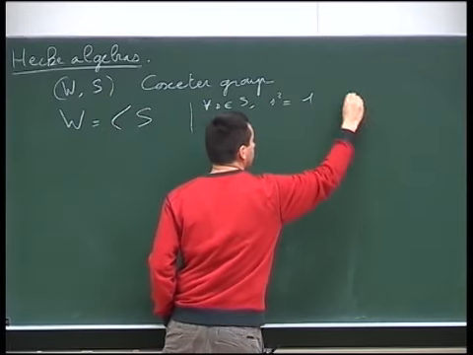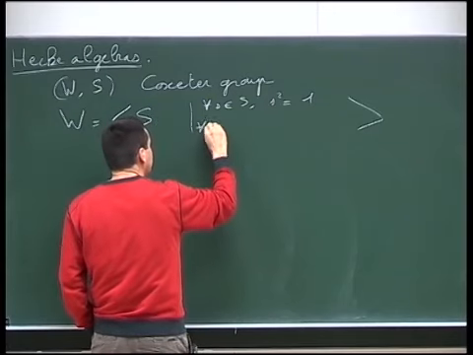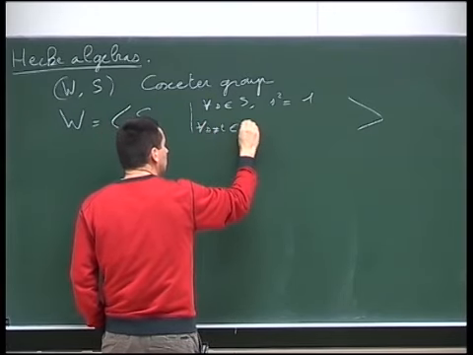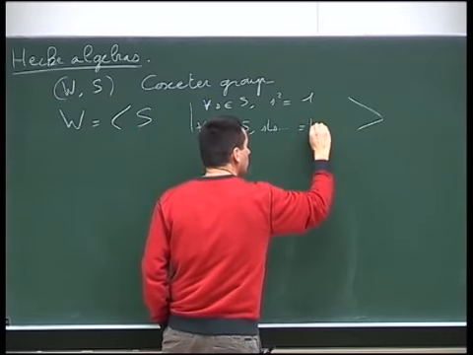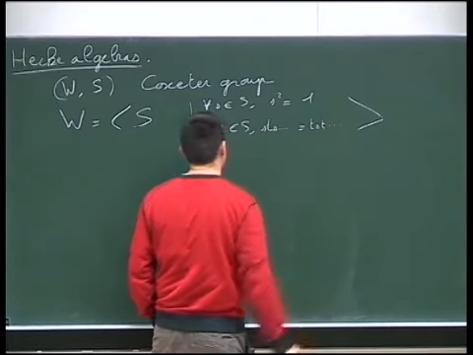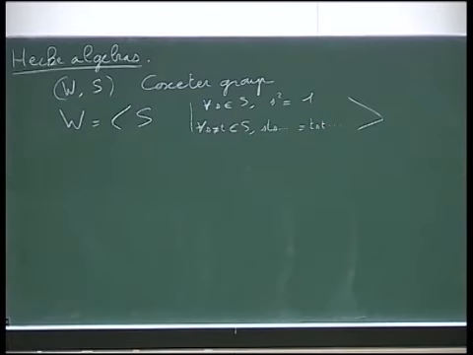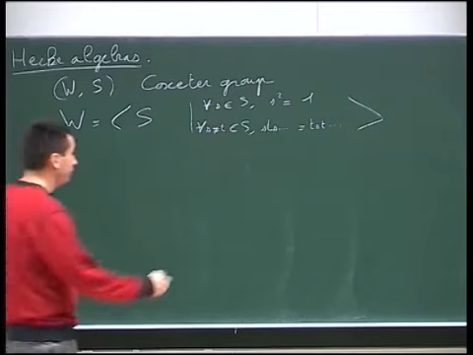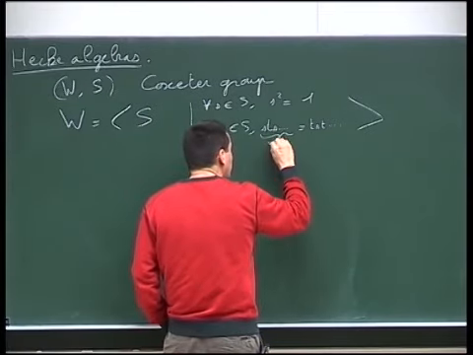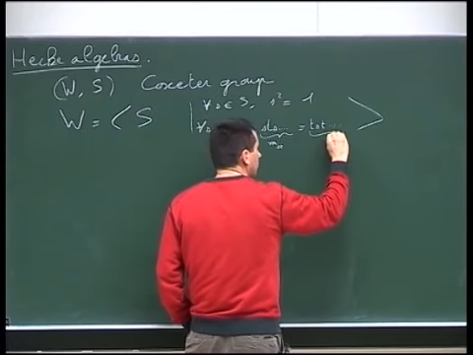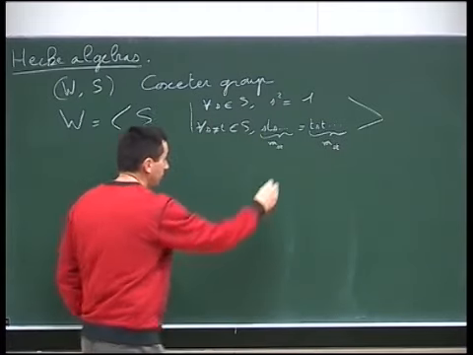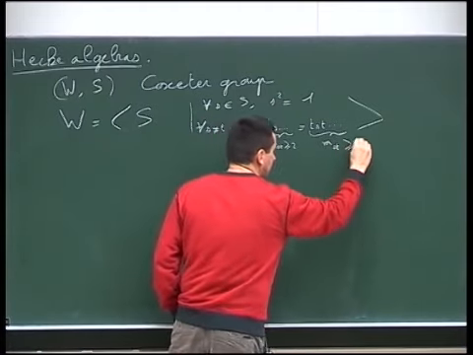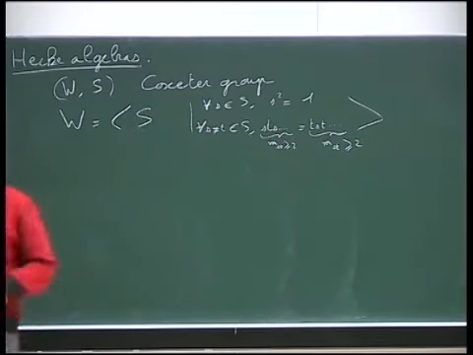First, all elements have order 2, and if you take 2 elements in this generating set, then they satisfy a braid relation, where here the number of terms is an integer which is greater than or equal to 2.